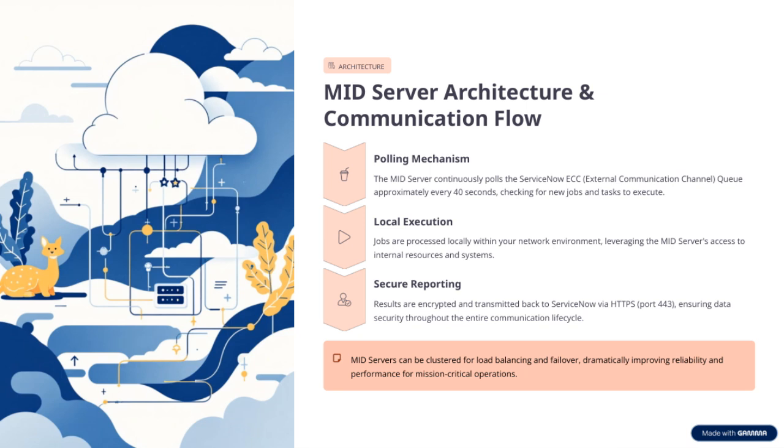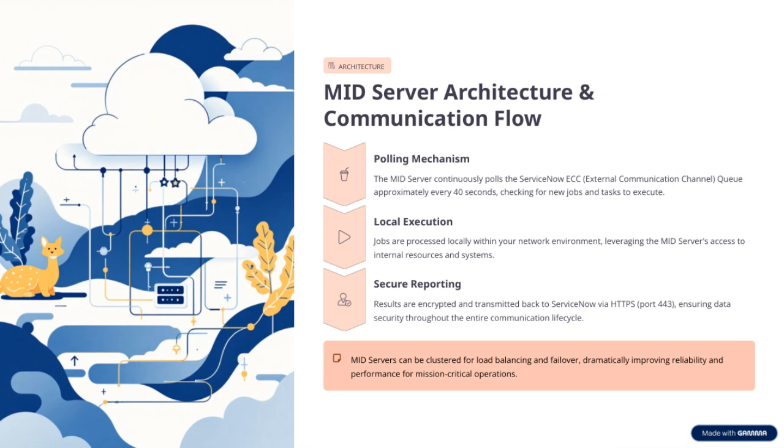Now, when it comes to security, all data results are encrypted before they're transmitted back to ServiceNow via HTTPS, specifically on port 443. This ensures that your data remains secure throughout the entire communication process, from the mid-server to ServiceNow. Moving on to local execution, jobs are processed right within your network environment. This local processing leverages the mid-server's access to internal resources and systems, which means sensitive data stays inside your network and is handled securely.